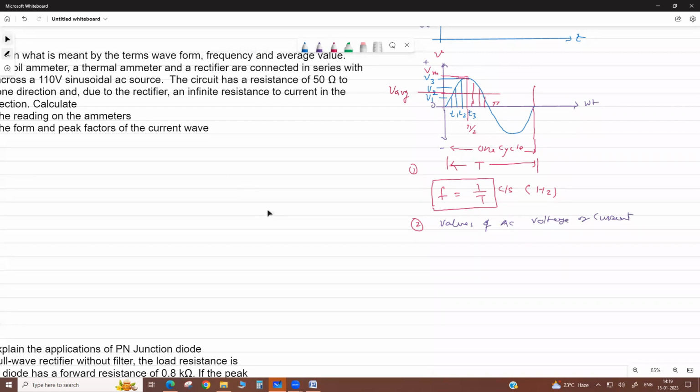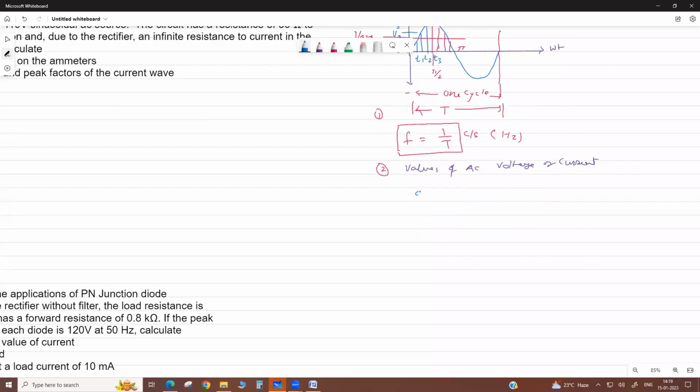What are the values which are defined for AC? First is the instantaneous value, like V1, V2, V3. These are the values at times T1, T2, T3. So this is the real time value.